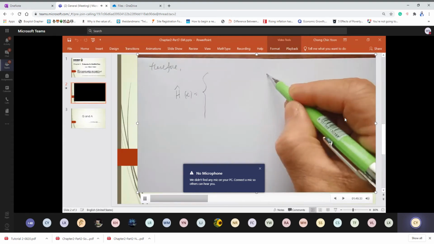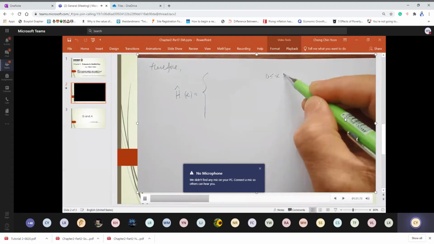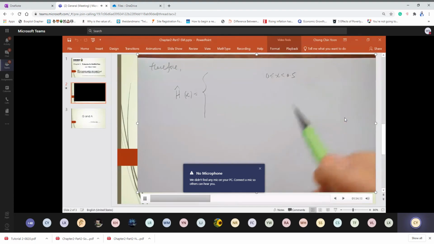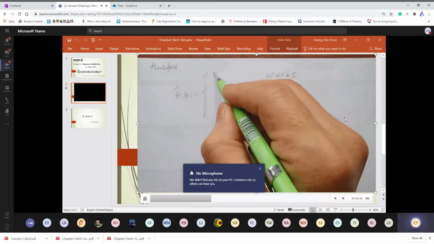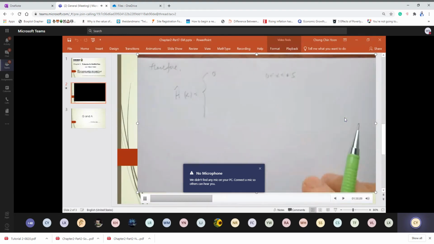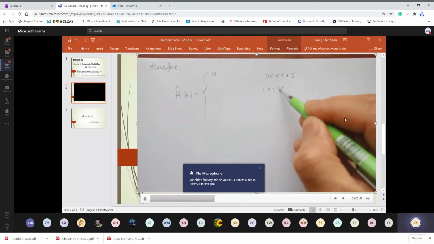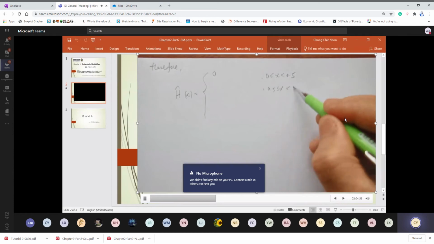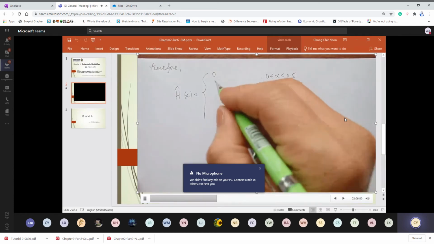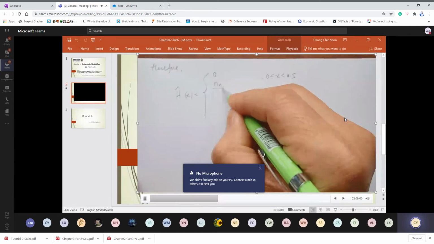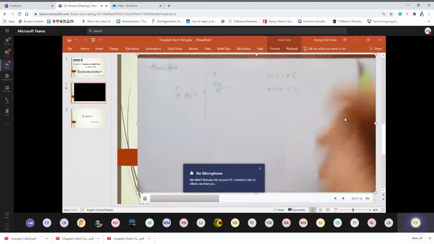For the first interval, that is from 0 to 0.5, the first value is always 0. Now for the second interval, that is in between 0.5 to 2, we will have n_x1 divided by R1.